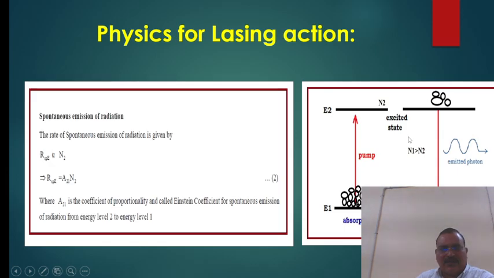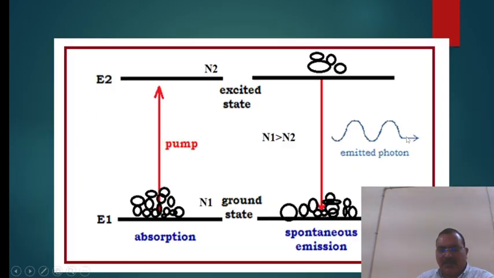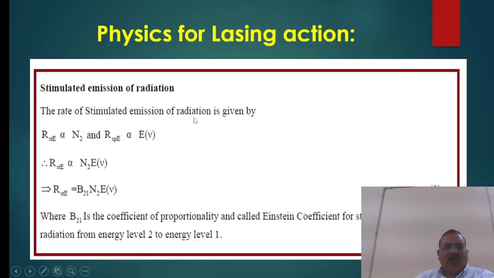Now move further. This is again that figure. Now stimulated emission of radiation. The rate of stimulated emission, R_STE, is directly proportional to N2 and also directly proportional to E nu, because you have also provided an external photon in that situation.